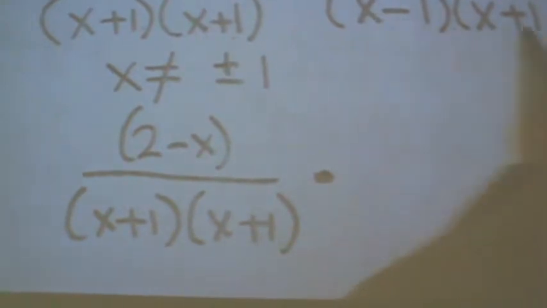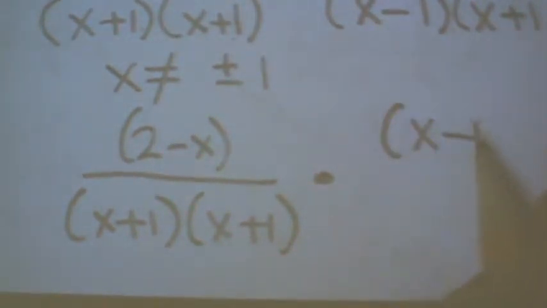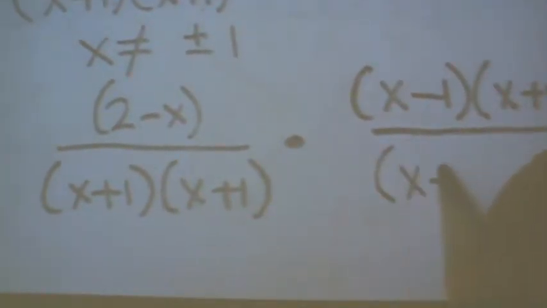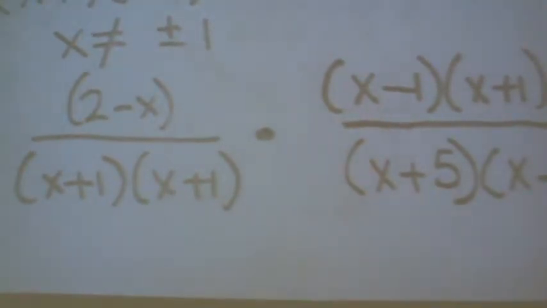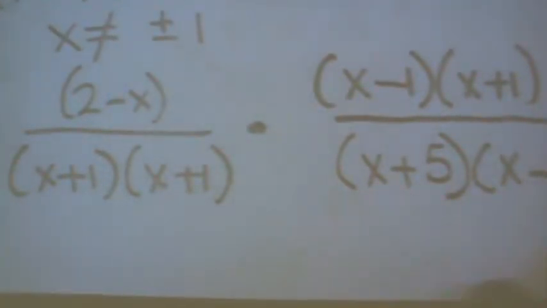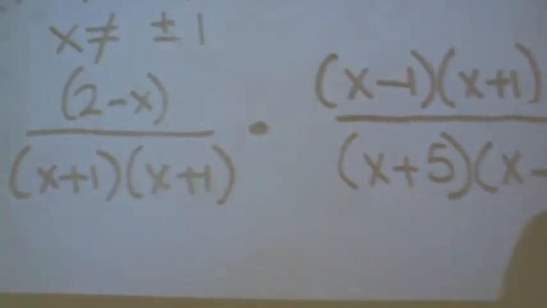So now this numerator is gonna be on top. Now we have some more restrictions: -5 and 2.